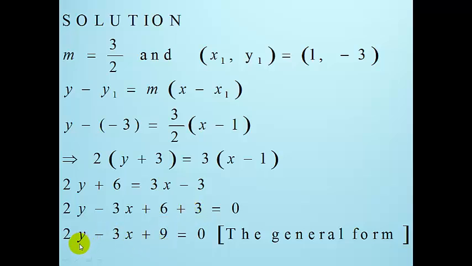So the equation now becomes 2y minus 3x plus 9 is equal to 0. That's the equation of the straight line with gradient 3/2 and the point (1, minus 3) on the line. The equation is given by 2y minus 3x plus 9 is equal to 0.